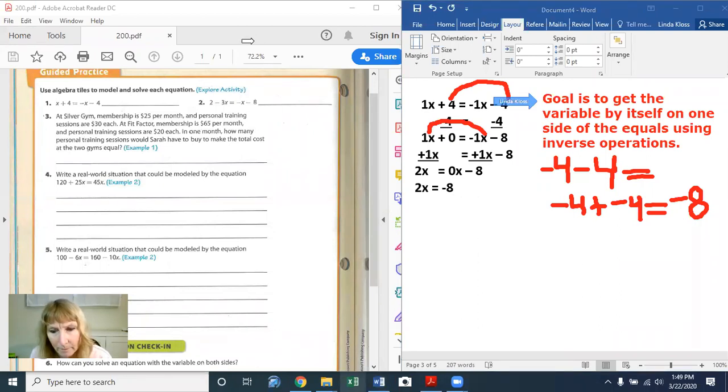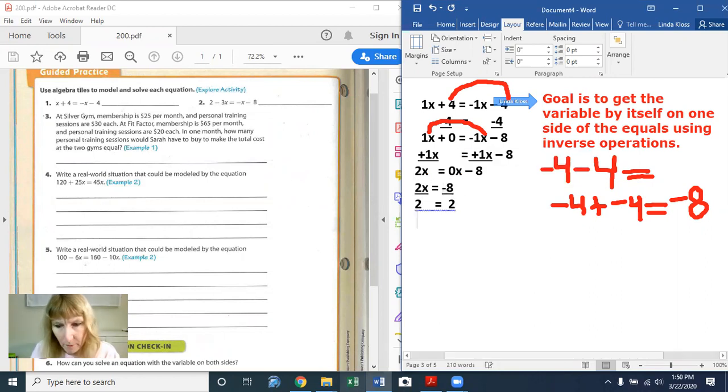To do that, I have to use inverse operations. So the opposite of multiplying 2 times x is dividing by 2 to both sides. Okay, so I'll put the little line under there so it looks like division for you.